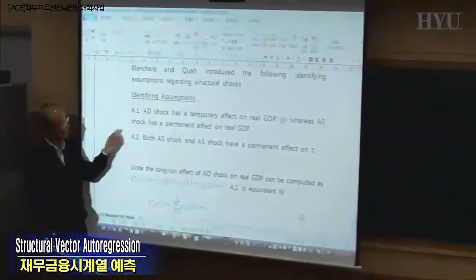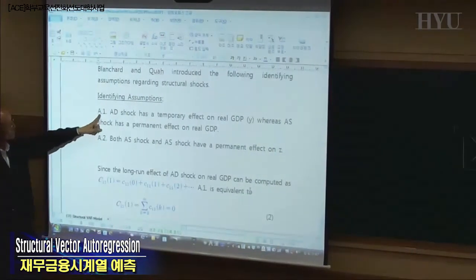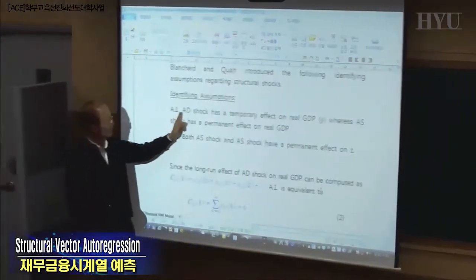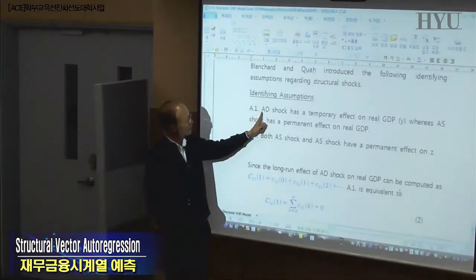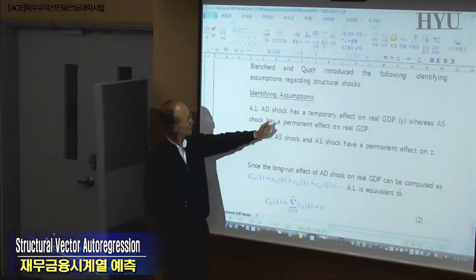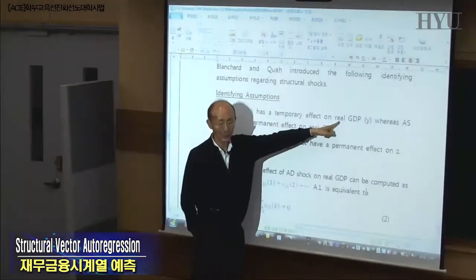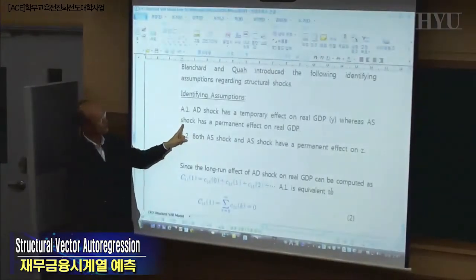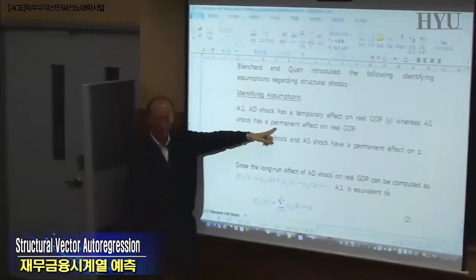But there are other identifying assumptions. Assumption 1, you can think of this as the case: aggregate demand shock has a temporary effect on real GDP, whereas aggregate supply shock has a permanent effect.